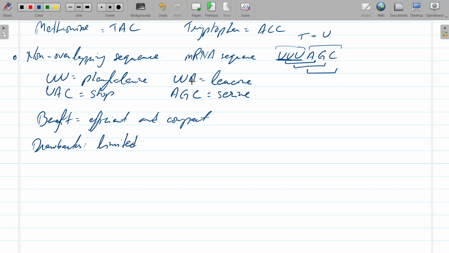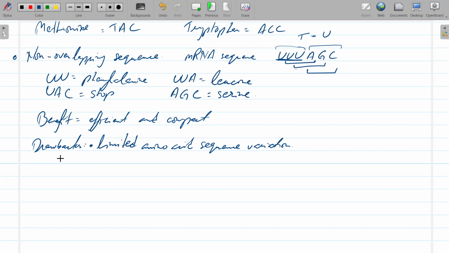If I want serine to come in, it's not going to come in because I'm stuck with that double U to begin with. I can't have AGC coming in over here because it's overlapping. And so it's limited variation in the amino acid sequence, and obviously that's going to limit the kind of proteins, the kind of polypeptides that can form.